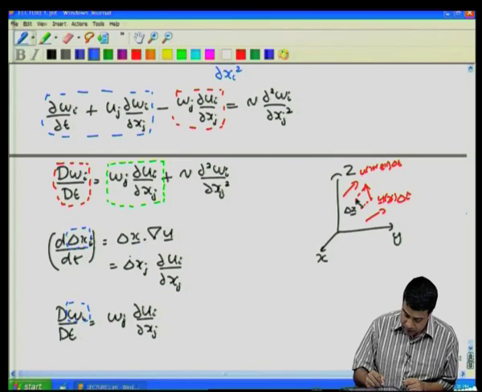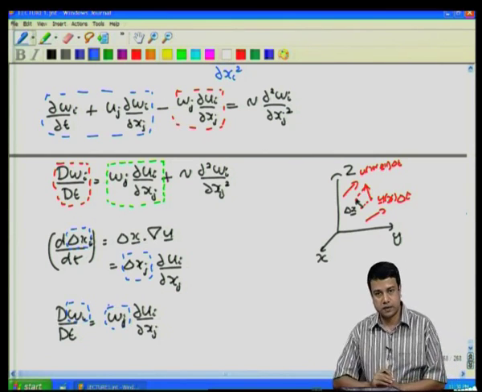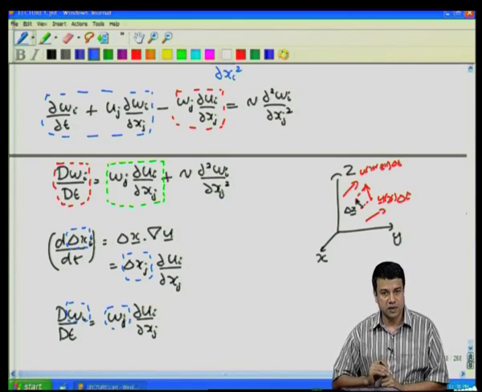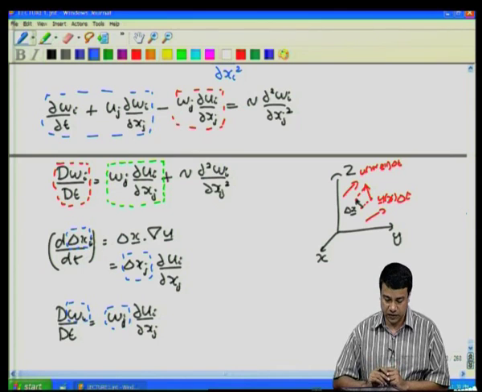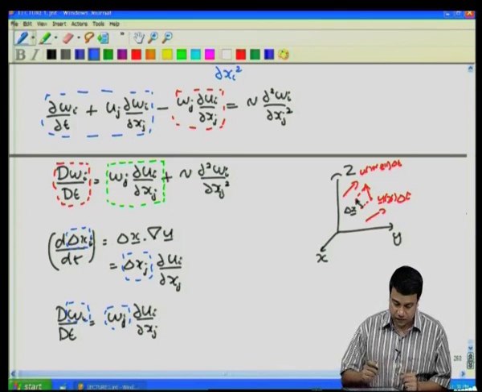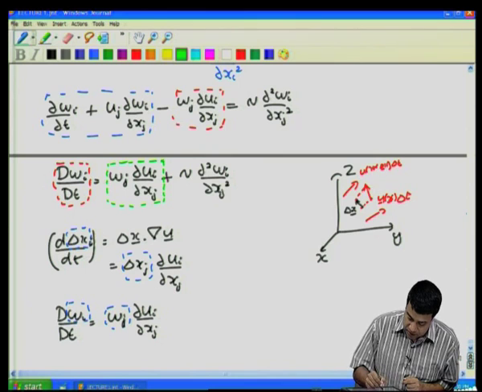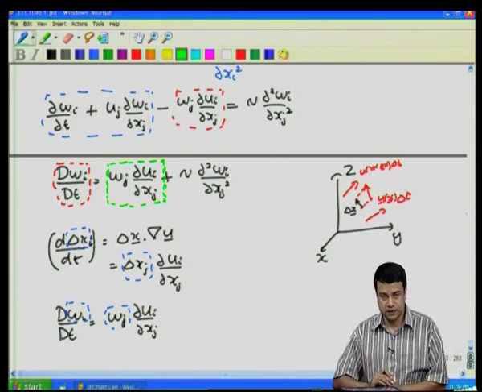And it goes as delta x dotted with the gradient of the velocity. So, what this is telling you is that vorticity intensification, or the change in vorticity, takes place in a manner identical to the change in the length of material elements. That is, vorticity gets stretched and bent in a manner identical to material fluid elements. So, that is the meaning of this first term here: vorticity intensification due to stretching and bending, due to the mean deformation.